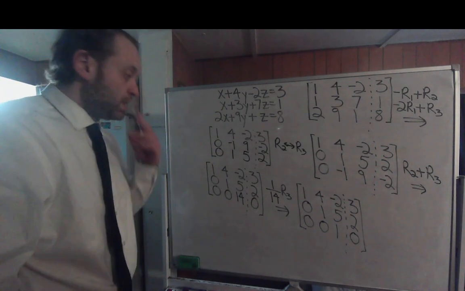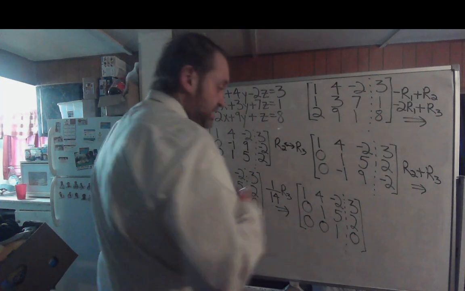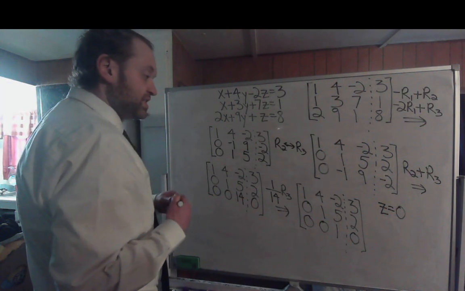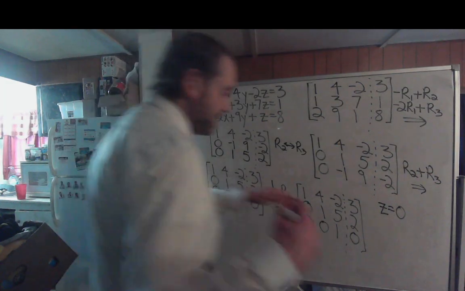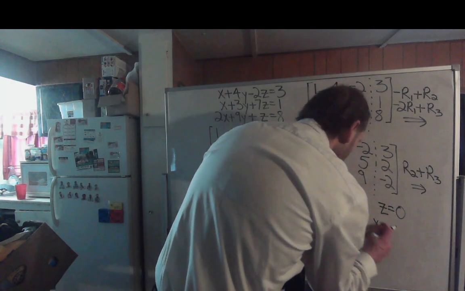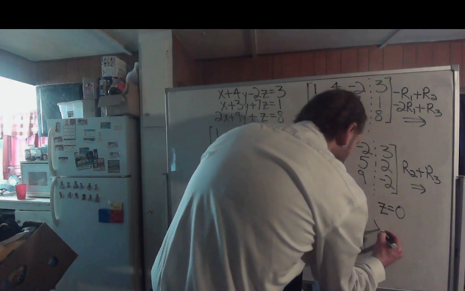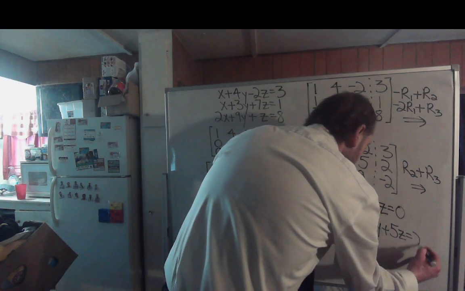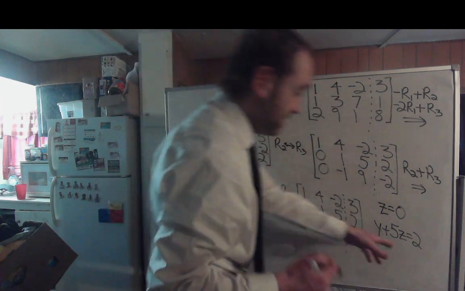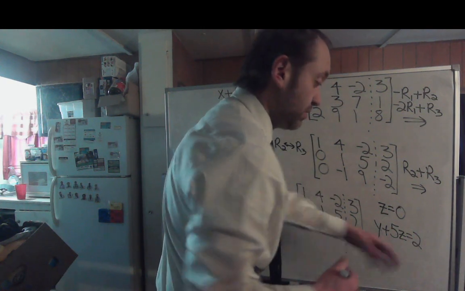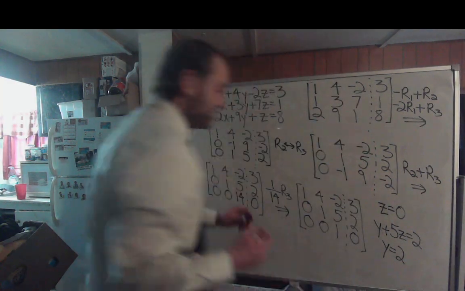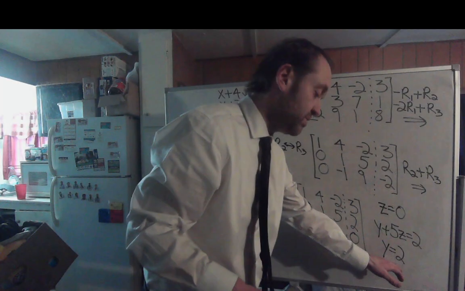So the third row tells you that z has a value of 0. So z equals 0. That makes it nice. The second equation now tells you that y plus 5z equals 2. Well, if z is 0, if we put that in, you'll literally just get y equals 2. So we have z equals 0 and y equals 2.